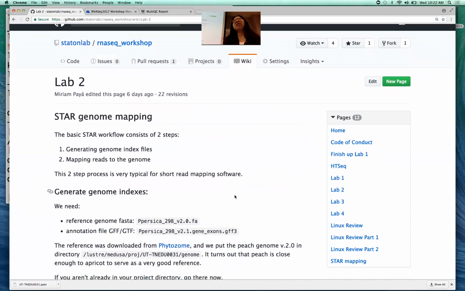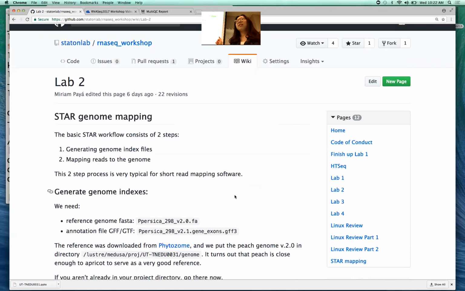Some software doesn't know, for eukaryote organisms, where the exon is and where the intron is, so they don't do the splicing. But this software, if we provide the annotation file to it, will know where the splicing sites are. So it can map the RNA sequence to the genome.